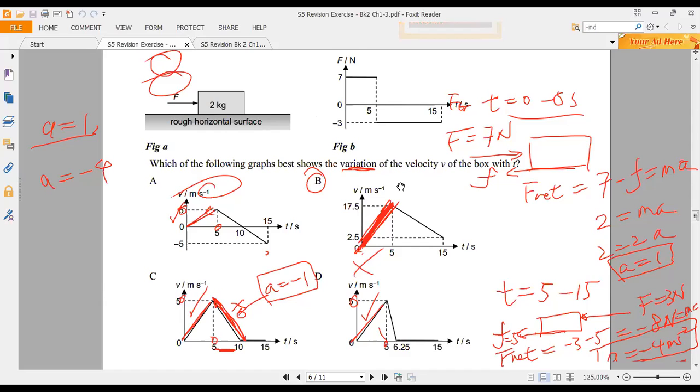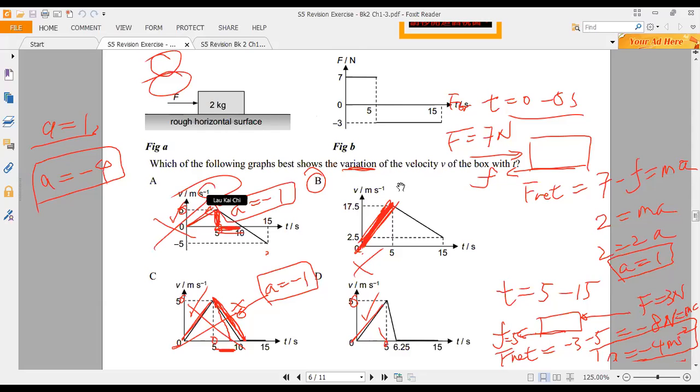But the calculation we got is negative 4 deceleration. It's way more steep. It decelerates much faster, so this is wrong. Similarly, this one is also wrong. It takes 5 seconds to drop by 5, so it's also A equal to negative 1. So that is also wrong. The only answer you can pick is D. It dropped much faster, isn't it? And after that, the friction is only 3. It can't overcome the friction that is 5. It just stays where it is.